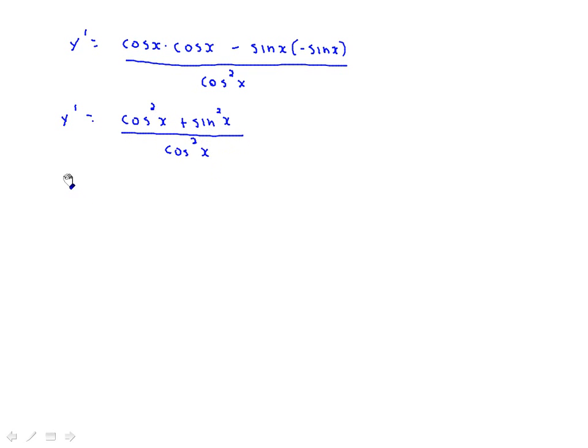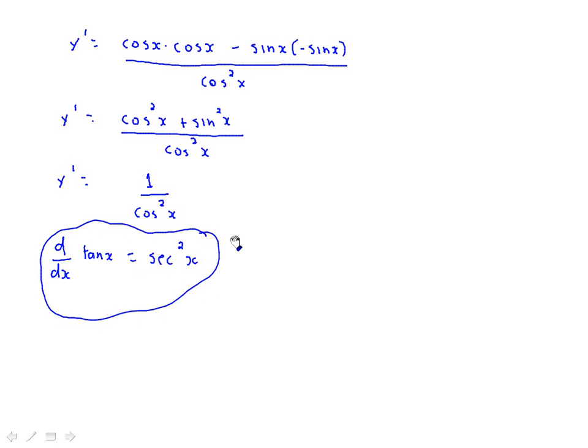Now you take a look at that numerator and it will occur to you, I think, that using a Pythagorean identity, cos squared plus sine squared is equal to 1, and then cos squared on the denominator, and that's correct, but typically we'll write the derivative of tan x in a non-denominator form. The reciprocal of cos squared is going to be secant squared x. So there we have it. That's how we differentiate tan.